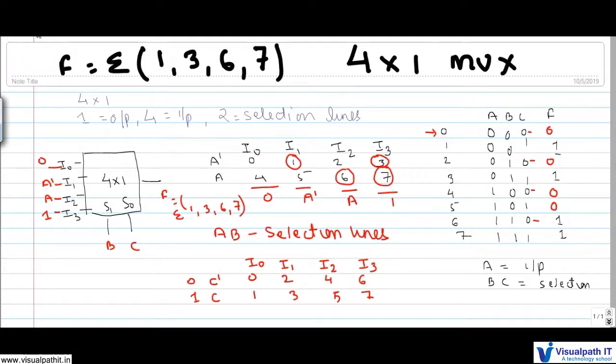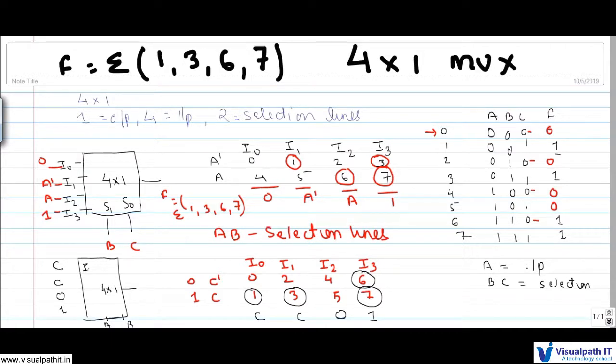Now I have 1, 3, 6 and 7. This will be C, this is C, this is 0 and this is 1. So I will have the inputs C, C, 0, 1 for the 4 cross 1 multiplexer, and A and B as the selection lines.